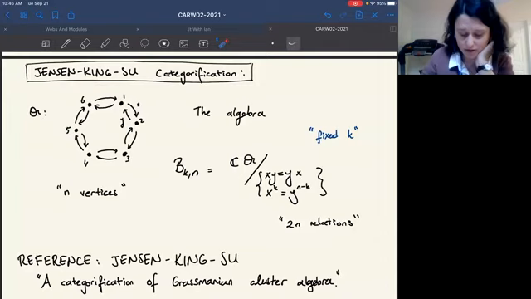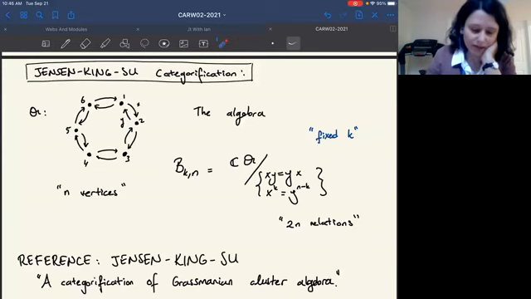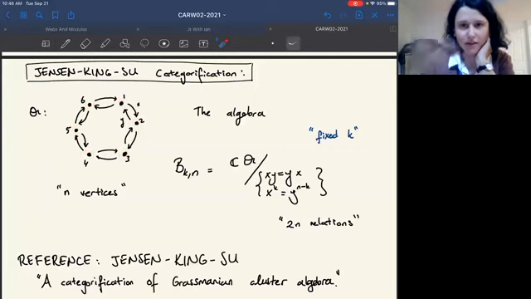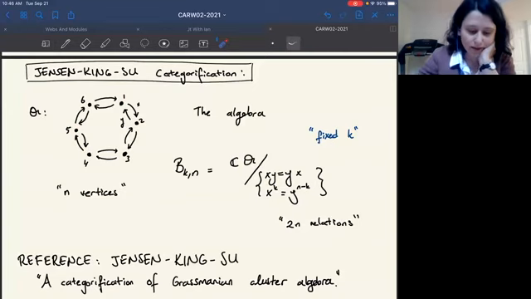It's easy to describe. I have 6 vertices drawn in this skewer, but you can imagine I have n vertices in a circular fashion, and I put arrows between them in this fashion.